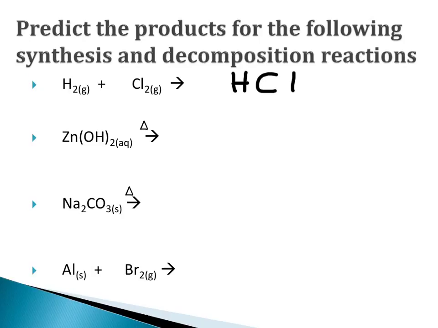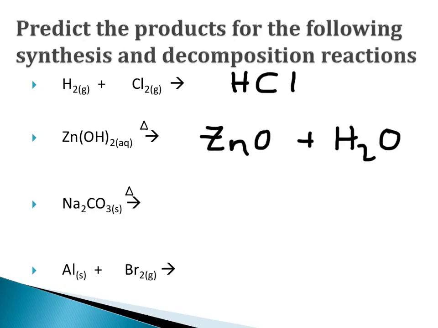In the second case here with the zinc hydroxide, there are a couple of clues that we have a decomposition reaction. First of all, we only have a single reactant. And second, we've got this triangle up above, which indicates that heat is being used, and heat is often used as a way to induce decomposition. So our 2 products become the metal oxide, which is the zinc oxide, and we also have the water.